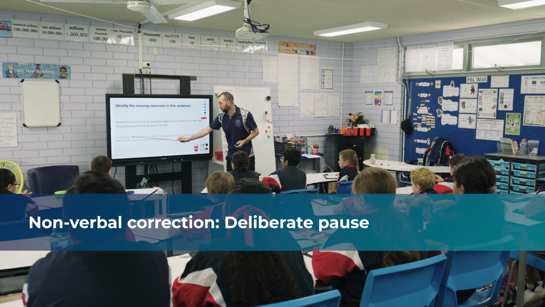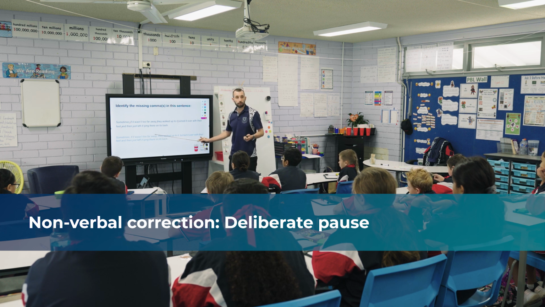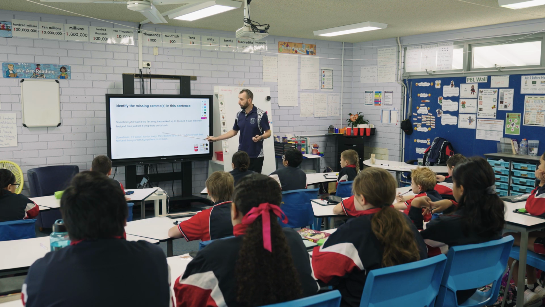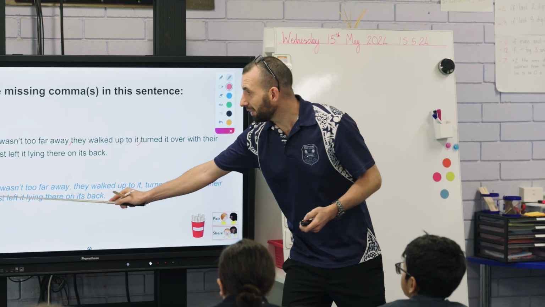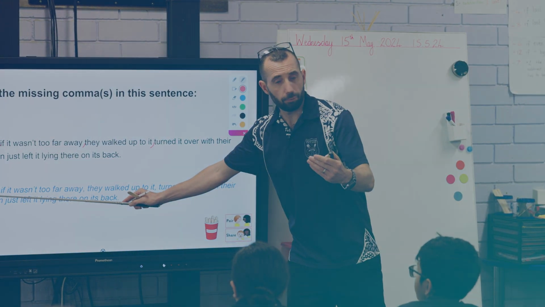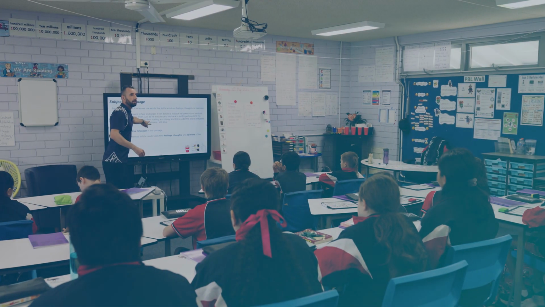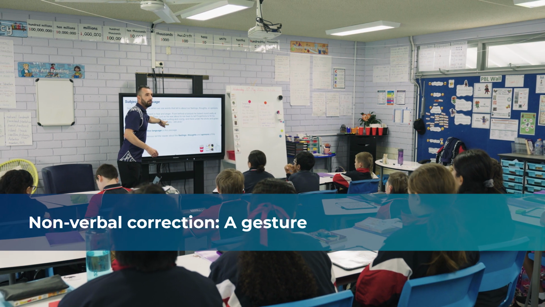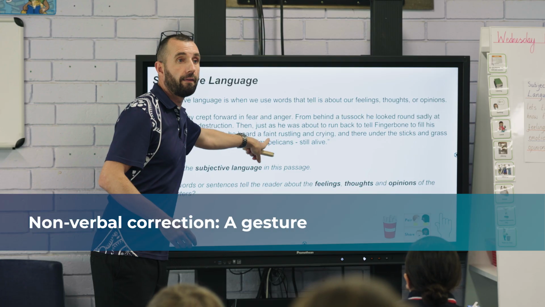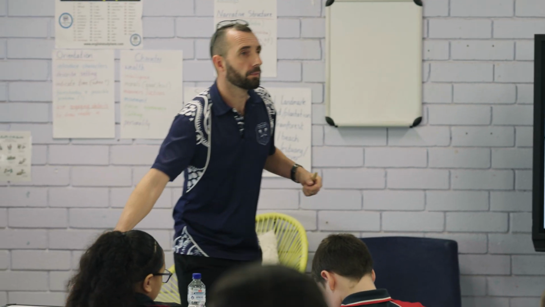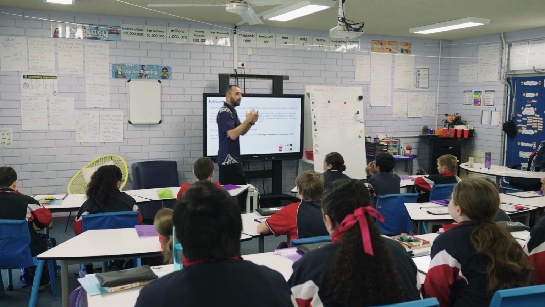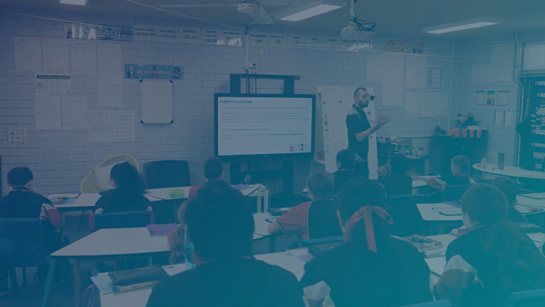So sometimes, if it wasn't too far away, thank you, they walked up to it, turned it over with their feet. They've not included the one there, but you can have one there. No. Maxie, what is it? It's a faint rustling. What that's doing is giving you an idea of these poor little feeble birds.